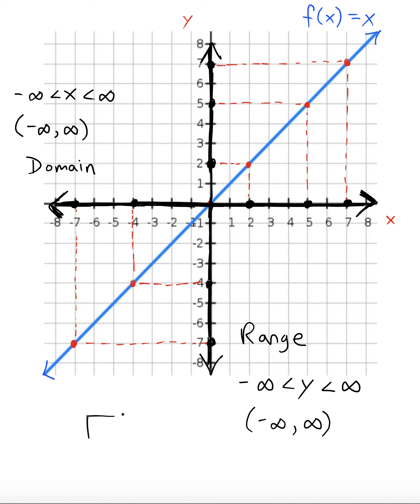Now the result we got from the graph should make sense if we think about the function as a machine and how we can put in any number on the left.